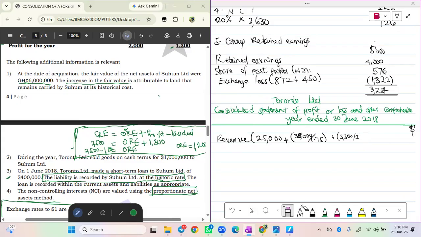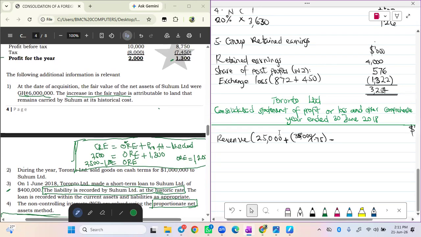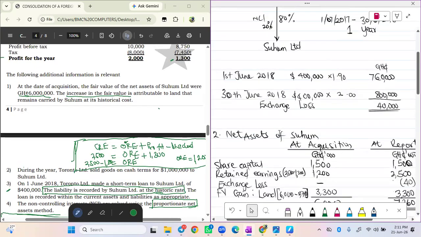I thought I was doing 25,000. It will be 46,650. No, so it will be these two minus this. What about the exchange loss, the loan that they took?